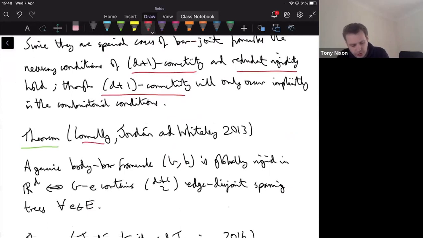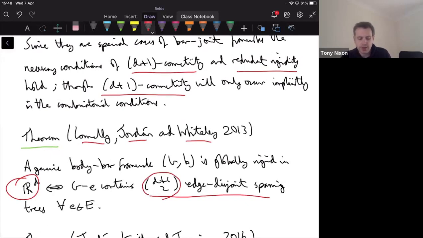This is due to Bob Connelly, Tibor Jordán, and Walter Whiteley in 2013. So they proved that a generic body-bar framework is globally rigid in any dimension d if and only if G minus e contains d+1 edge-disjoint spanning trees. So the rigidity characterization was that G contains this number of edge-disjoint spanning trees.